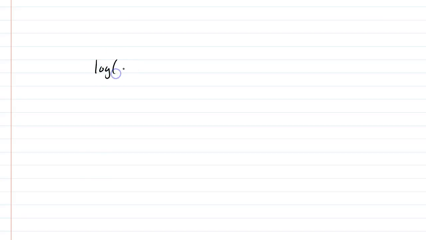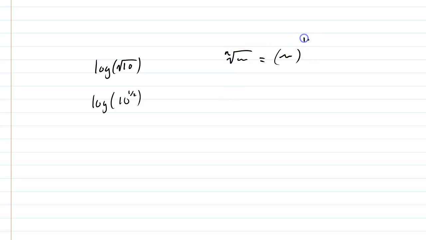So, there's another thing that you have to be careful about. One thing that you need to know is that when you have something like 10 to the square root, that is the same thing as 10 to the 1/2 power. Whenever you have an nth root of something, that's the same as if you have that something to the 1 over n power.